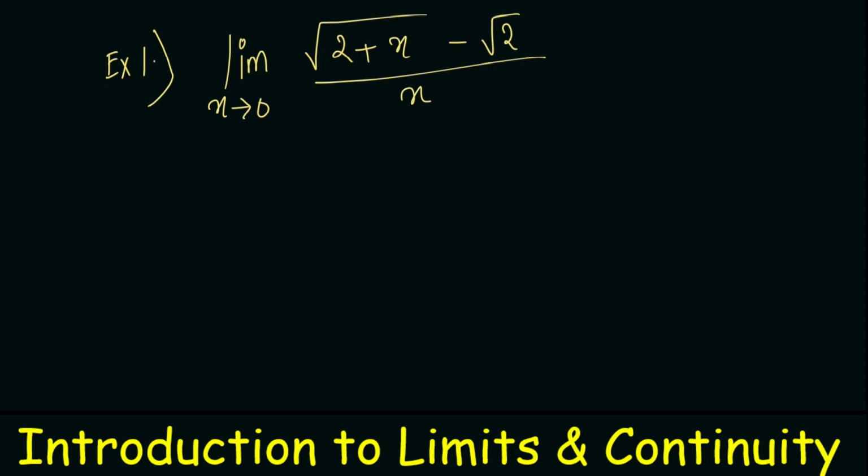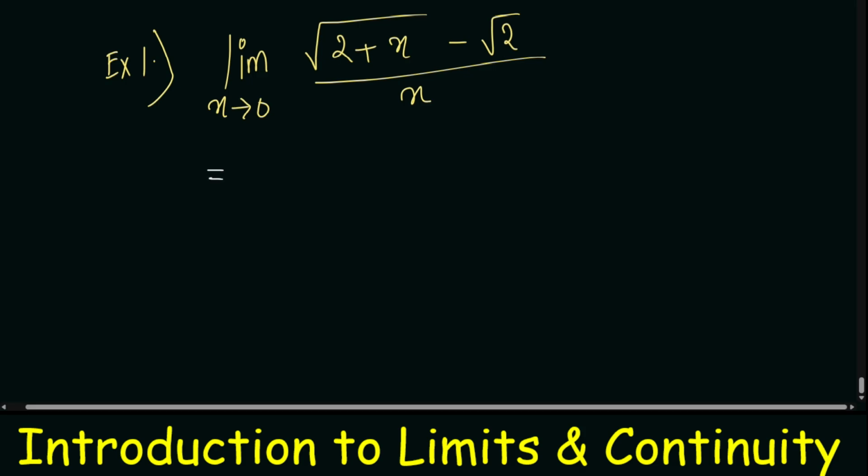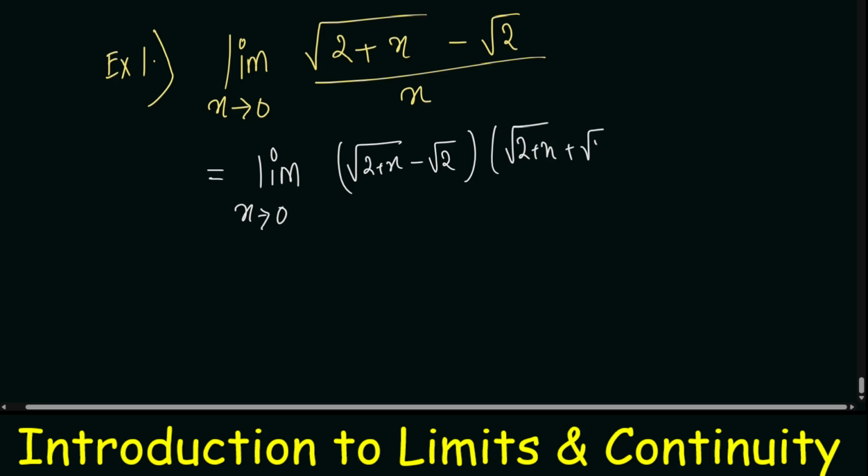So whenever you see surds like this, always rationalize. So what we are going to do is this. We are going to rationalize this. So root over 2 plus x minus root 2, and the conjugate would simply be like this. You multiply the conjugate in both the numerator and the denominator, root over 2 plus x plus root 2.